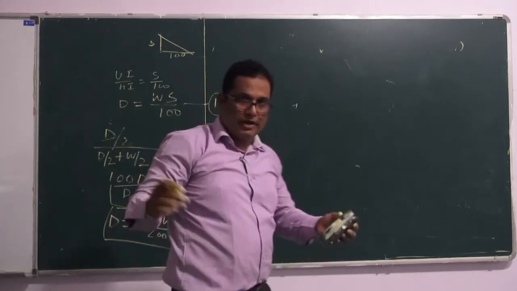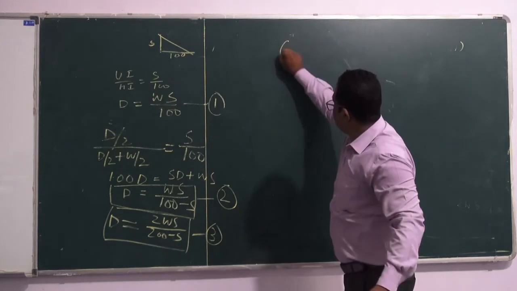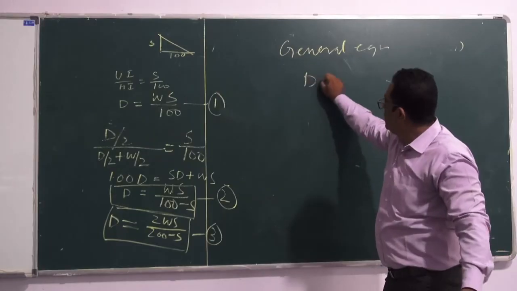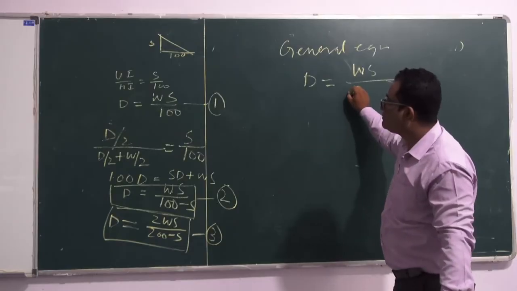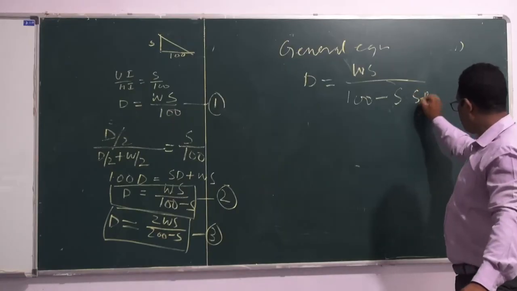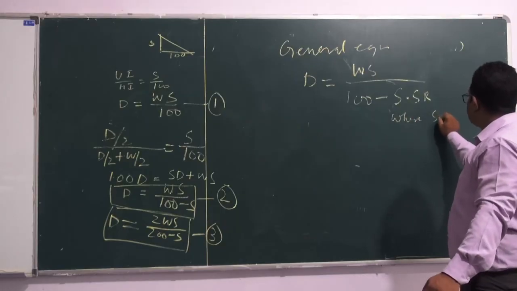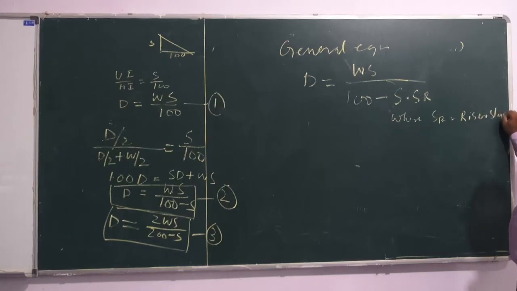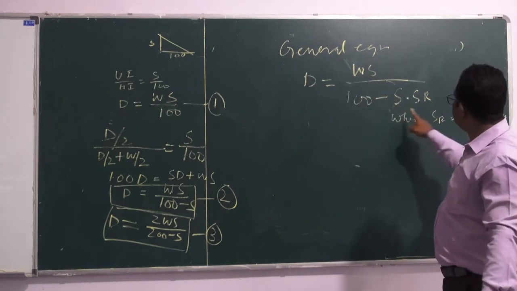It's not always required to derive this at your stage. You can also remember this by a general equation. D is equal to WS by 100 minus S into SR, where SR is the riser slope. For vertical cut, riser slope is 0.